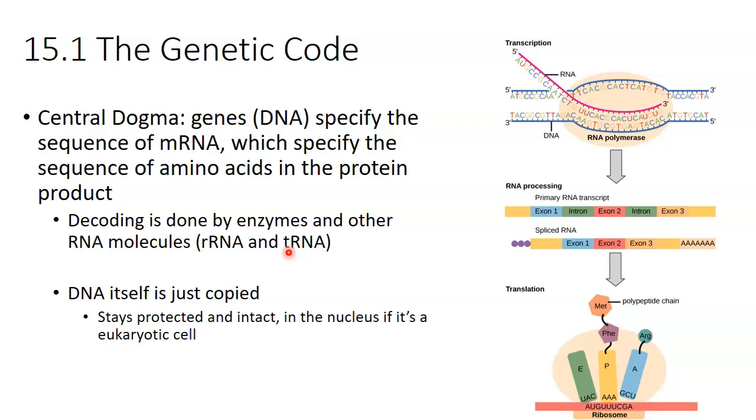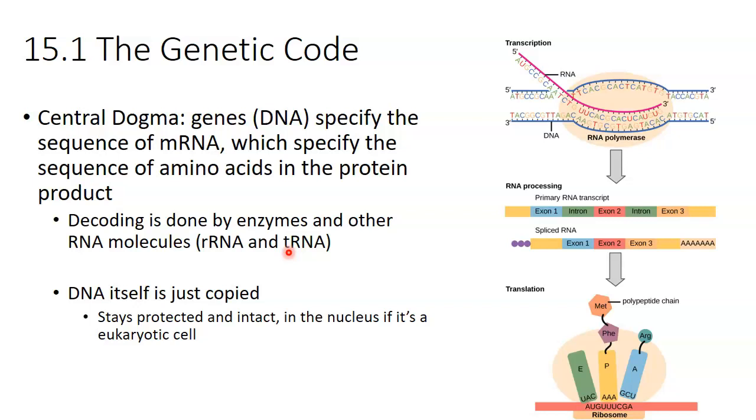Remember, the DNA here, it's just copied, right? But it stays protected and intact in the nucleus if it's a eukaryotic cell. If it's a prokaryotic cell, still it stays intact in a region called the nucleoid, not surrounded by a nuclear membrane, but still in a specific region. And so RNA is kind of like the middleman, right?